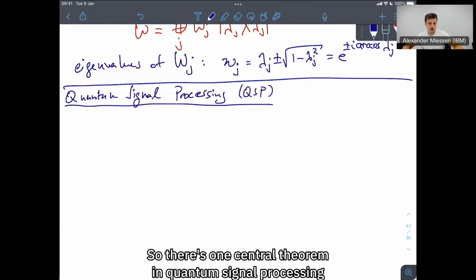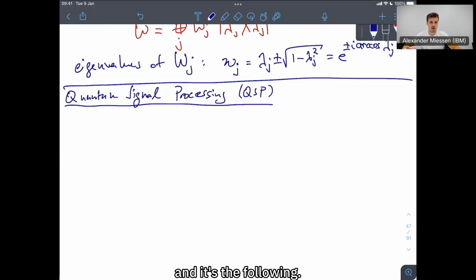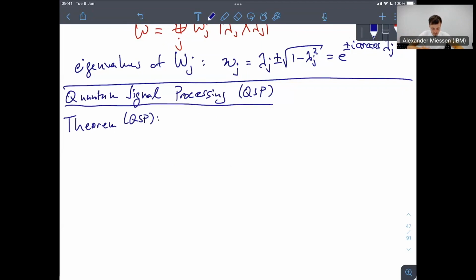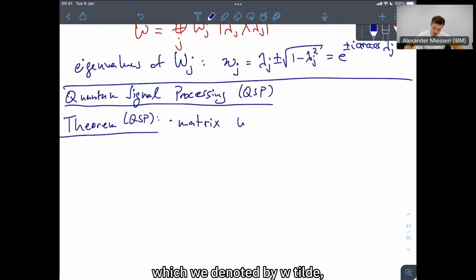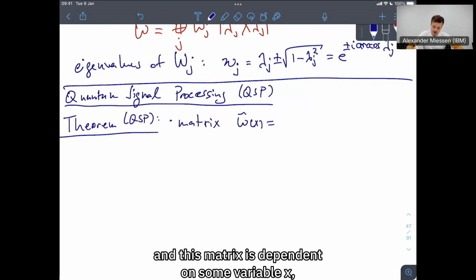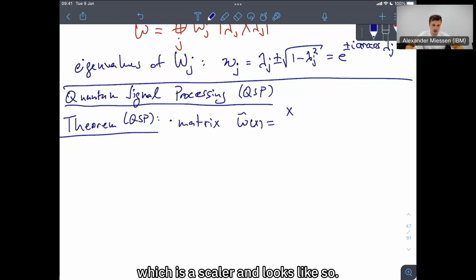There's one central theorem in quantum signal processing, and it's the following. In QSP, or quantum signal processing, say you're given a matrix, which we denote by W tilde, and this matrix is dependent on some variable x, which is a scalar, and looks like so.